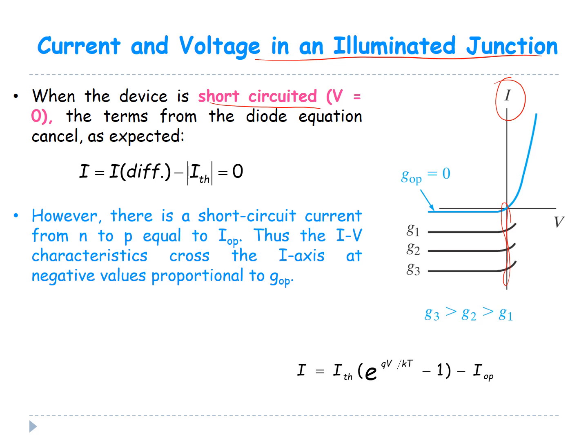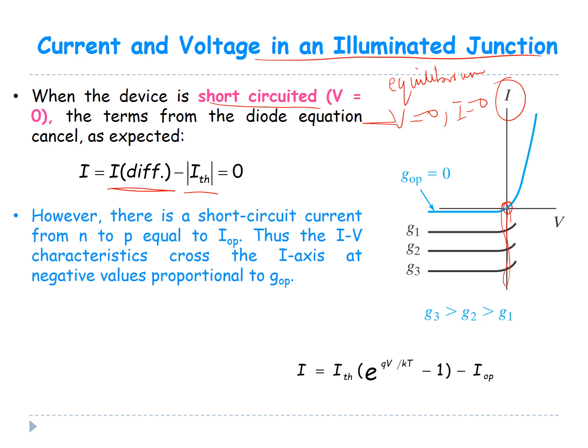Now you know that in equilibrium, when you don't have any illumination on your device, the current crosses the x-axis at 0 and the y-axis at 0. So at equilibrium, when your V is equal to 0, your I is equal to 0. Why? Because the terms of the diode equation cancel each other.